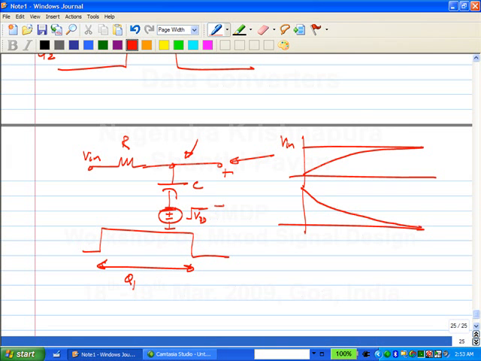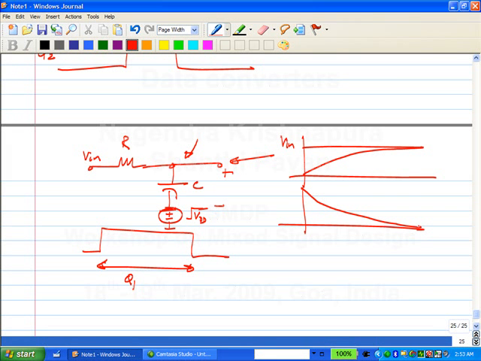Correct? In other words, trying to charge this initially charged capacitor to Vn depends on the RC time constant. The capacitor will forget its old voltage with the time constant of RC, and similarly it will learn its new voltage also with the same time constant.